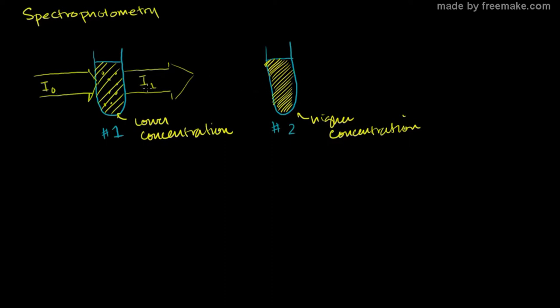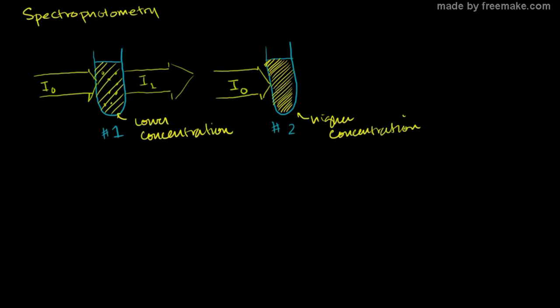Now, in this situation, if we shine the same amount of light, I0, into this beaker, so it's the same intensity of light, what's going to happen? Well, more of those specific frequencies of light are going to be absorbed as the light travels through this beaker.